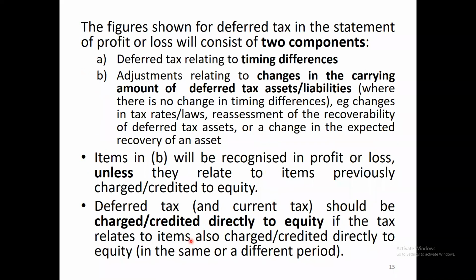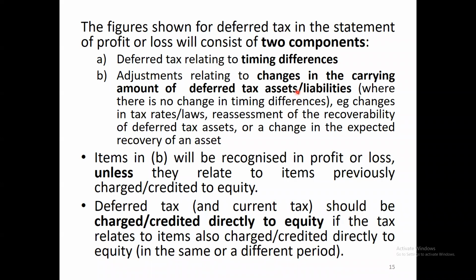The figures shown for deferred tax in the statement of profit or loss will consist of two components. In the income statement, you can find two components. First, deferred tax relating to timing differences. As we discussed earlier, you know what timing differences are. And second, adjustments relating to the carrying amount of deferred tax assets and liabilities.